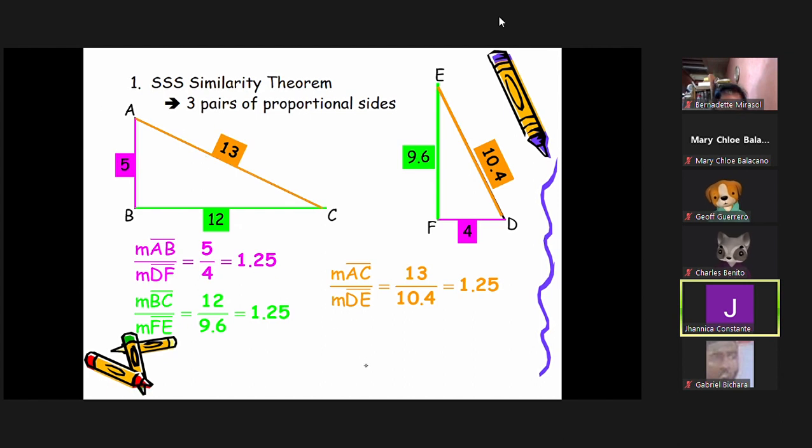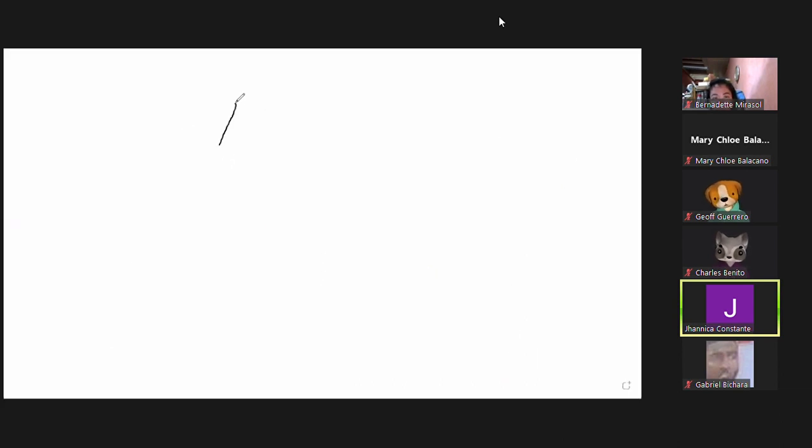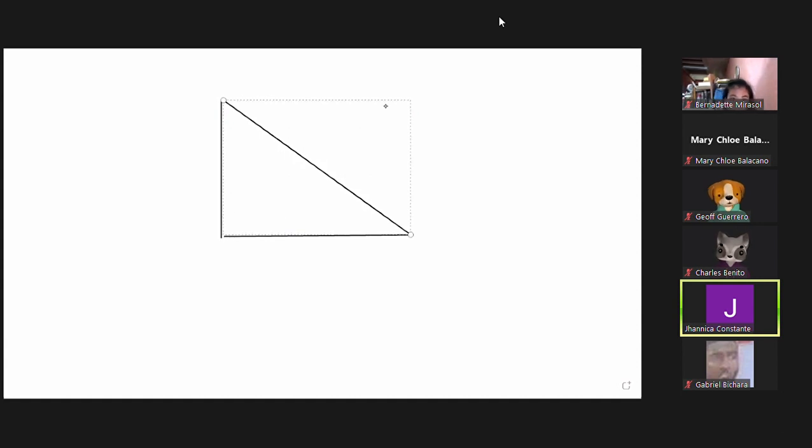If you still remember the Pythagorean theorem or the parts of a right triangle, it has the parts for you to solve the Pythagorean theorem, wherein the longer side of the triangle is our hypotenuse.